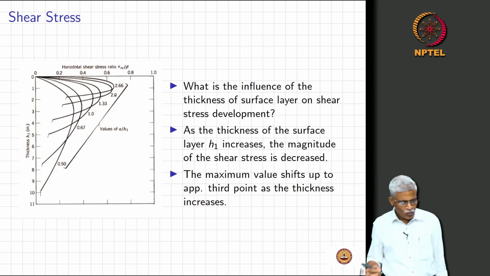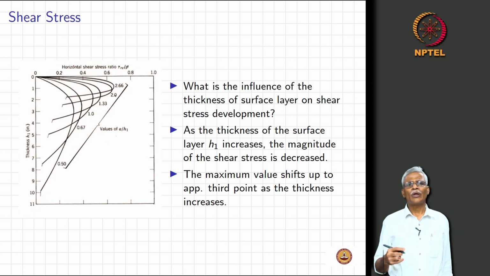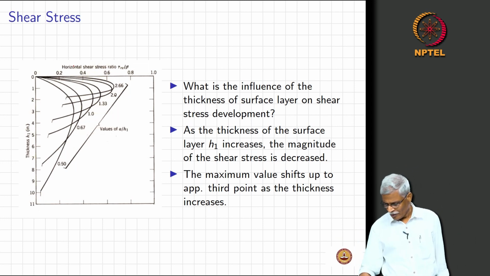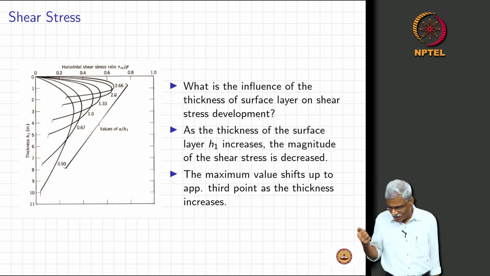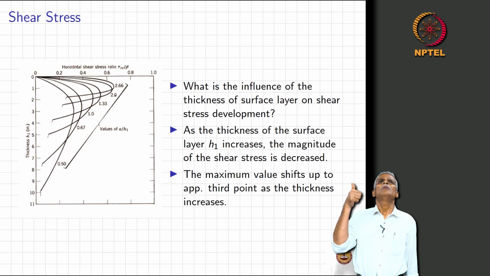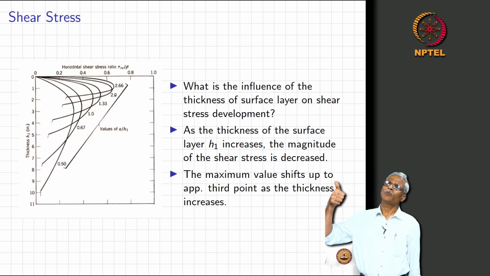Now, what exactly is the influence of the layer thickness? You realized that if I have to reduce the subgrade stress, I need to play around either with the thickness or the modulus. So, if you increase the modulus value, there is a greater reduction, okay.